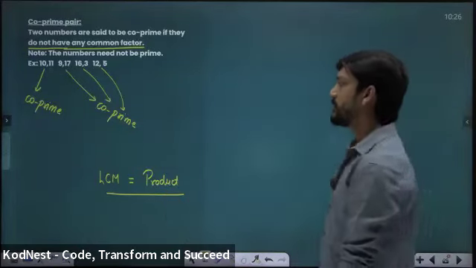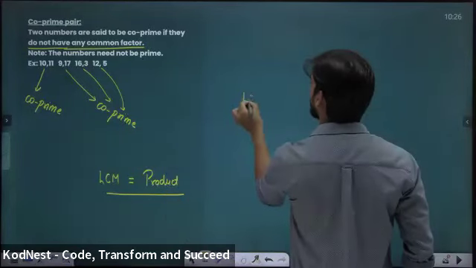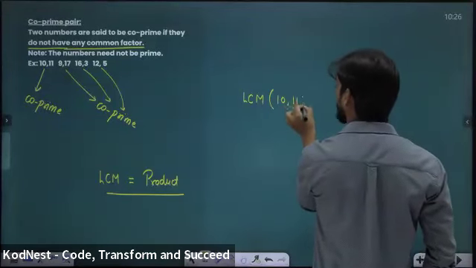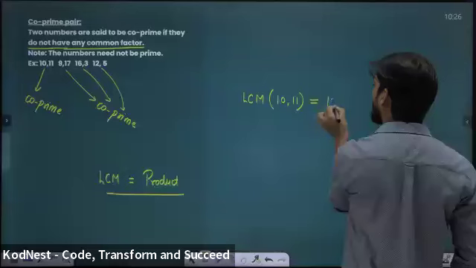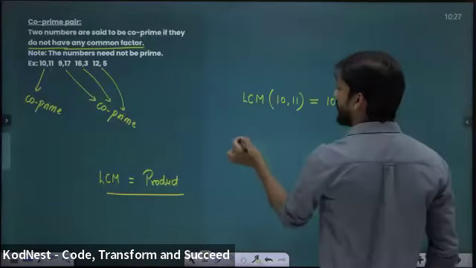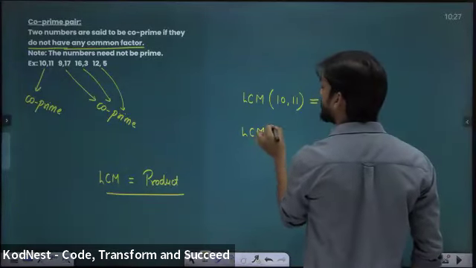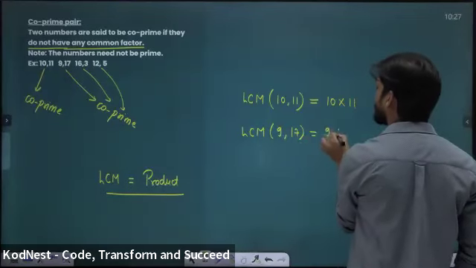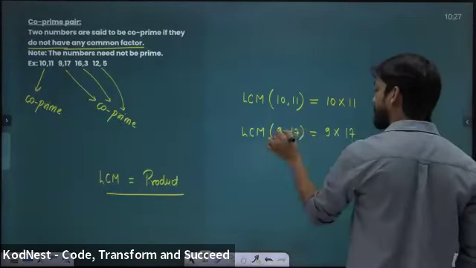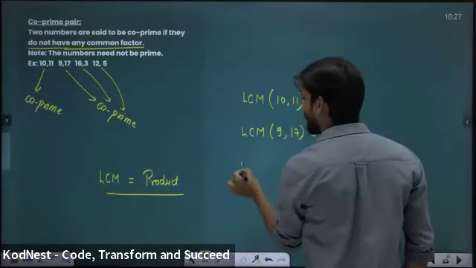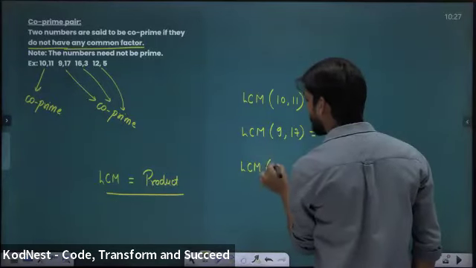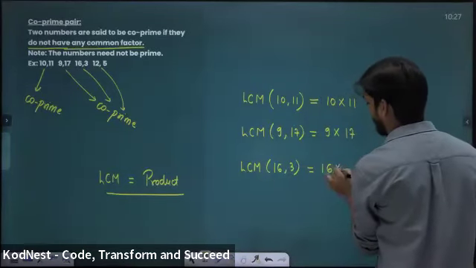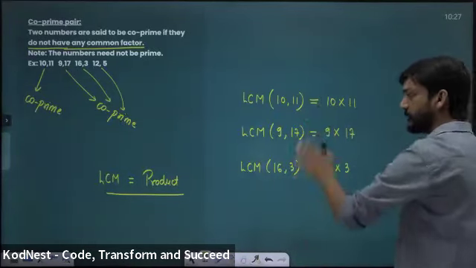What I mean to say is, see please, LCM of 10 and 11, because they are coprimes, will be equal to 10 into 11. If I say LCM of 9 and 17, the LCM will be 9 into 17 because they are coprimes. LCM of 16 and 3 will be 16 into 3. Okay, and so on.